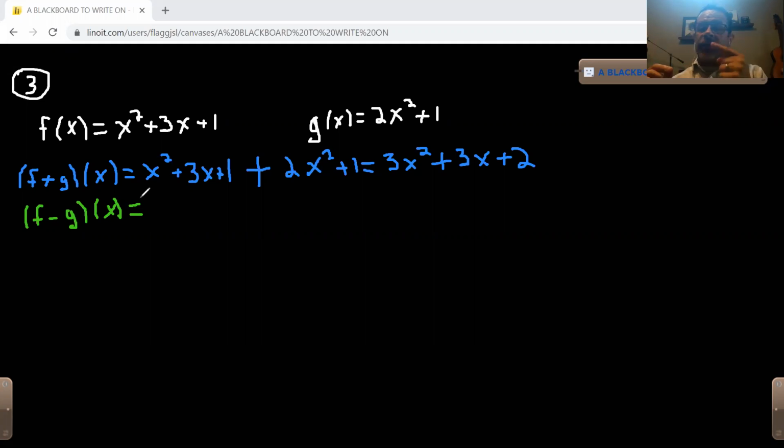If it says you're subtracting one minus the other, be very mindful of who you're subtracting from whom. In this case, we would have x squared, which is f, plus 3x plus 1. And then we would have the subtraction of, and it's very important that it's a subtraction of the whole function, and that's why I'm using the parentheses.